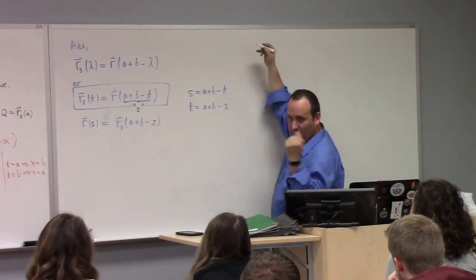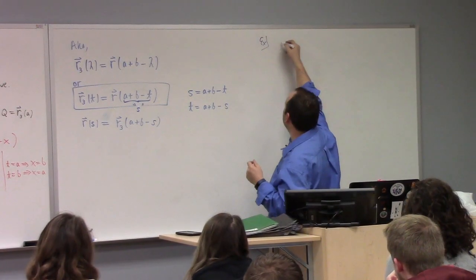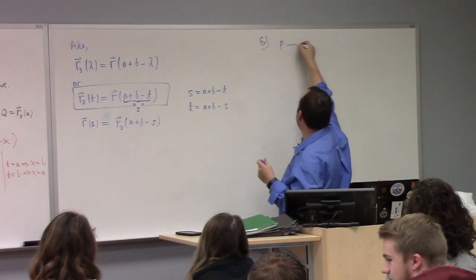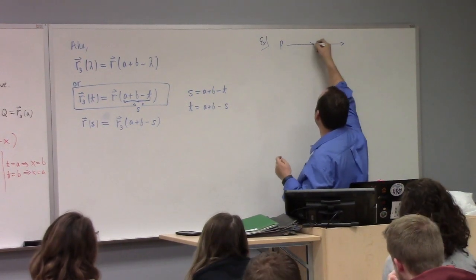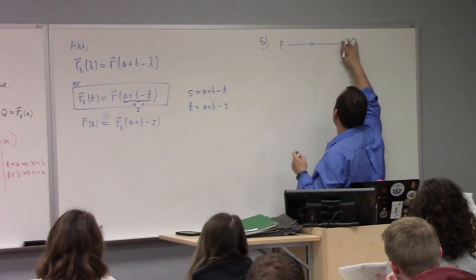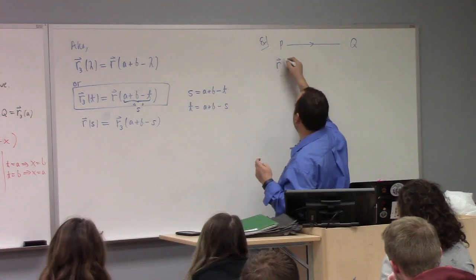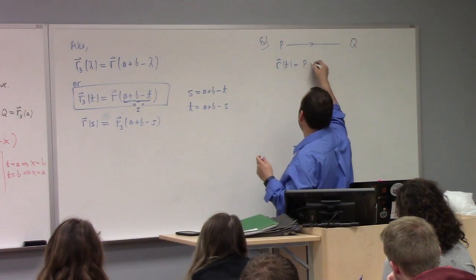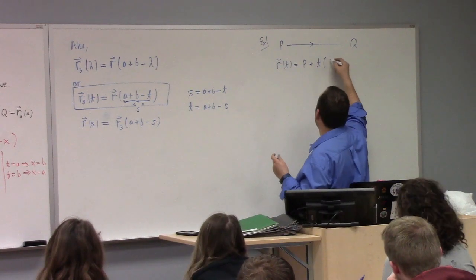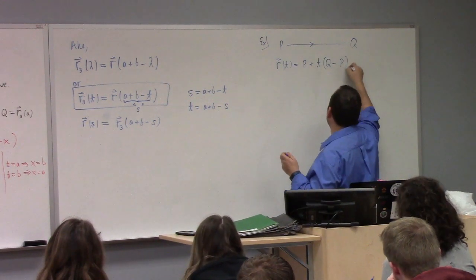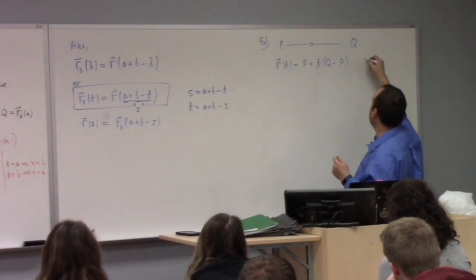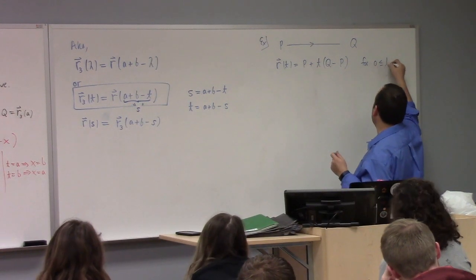Here, let me just do one example and then I'll really stop. Suppose we want to parameterize from P to Q. What did we say that the parameterization was of that? It was P plus T times what? Q minus P, right? For 0 less than or equal to T less than or equal to 1.